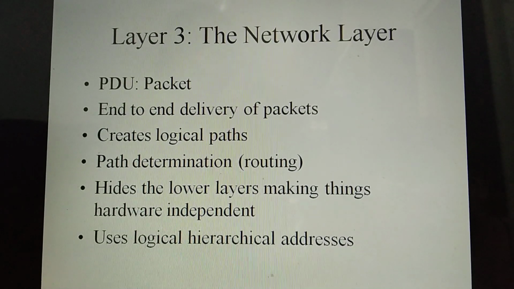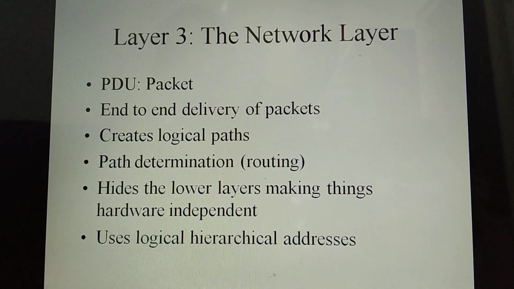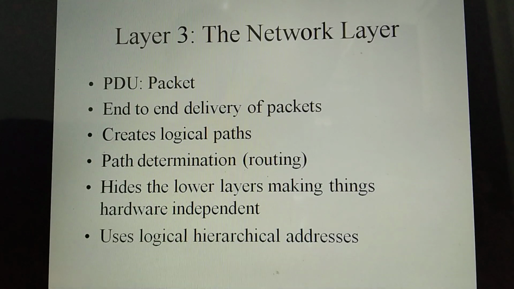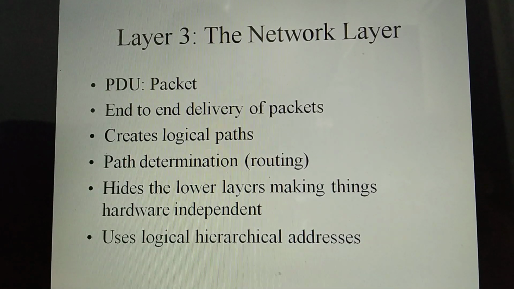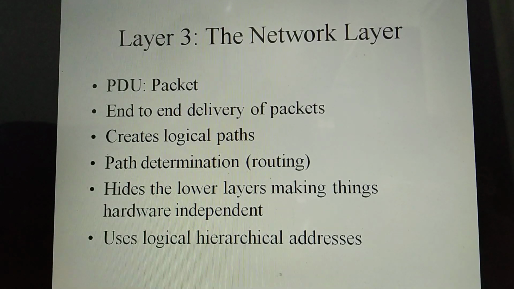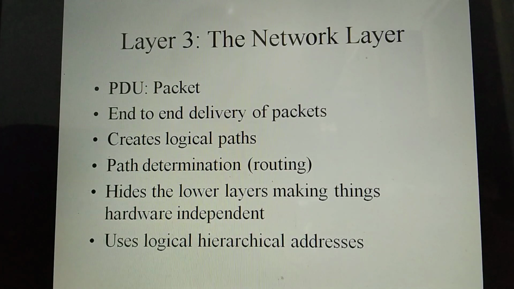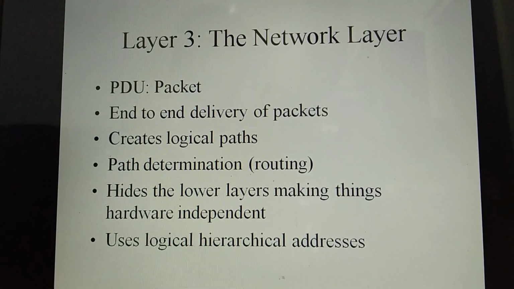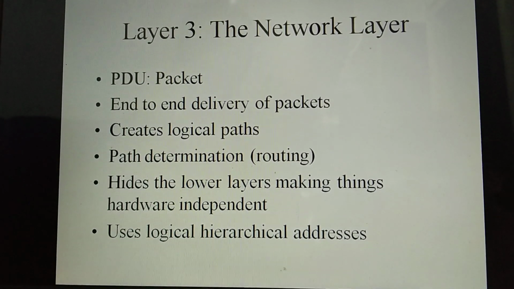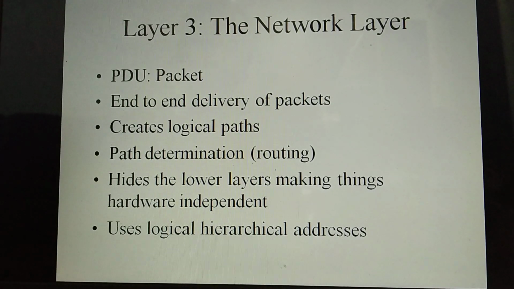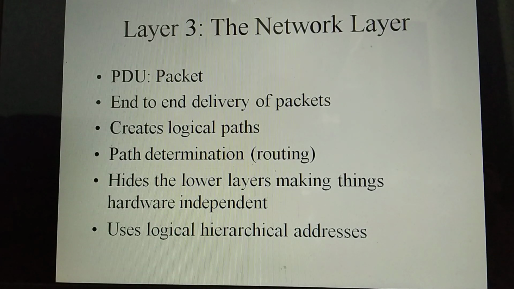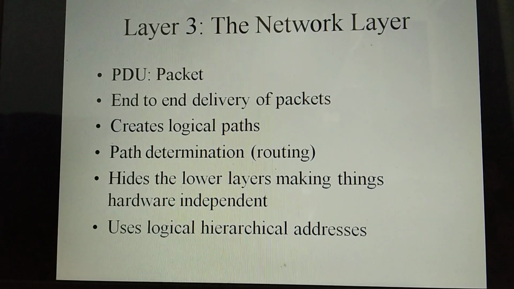The layer 3, network layer. The protocol data unit in this layer is packet. This provides end-to-end delivery of packets. It creates a logical path between the hosts and it also determines the path, which is called as the routing.